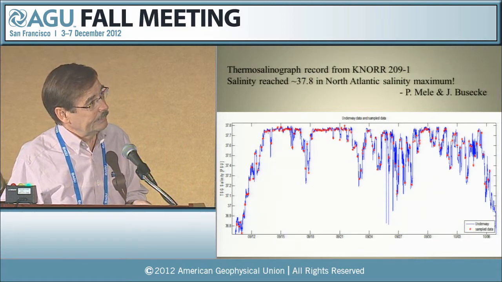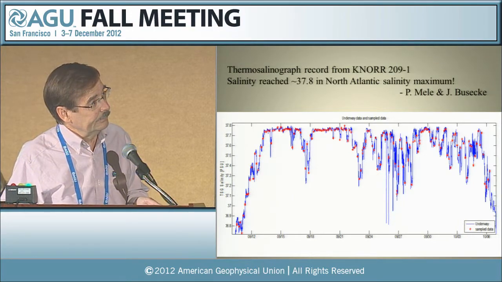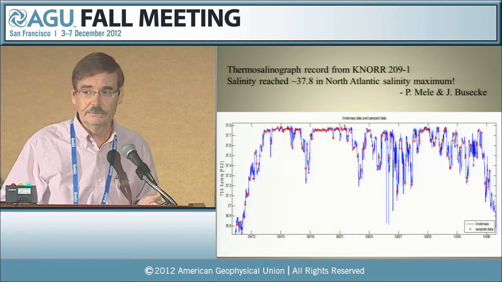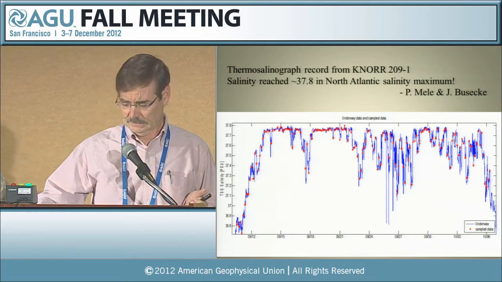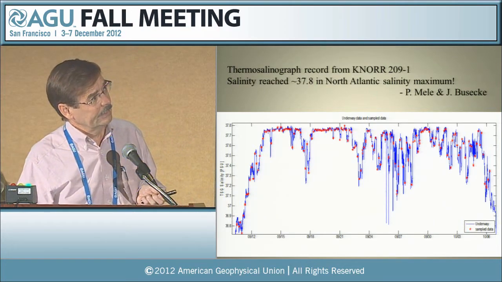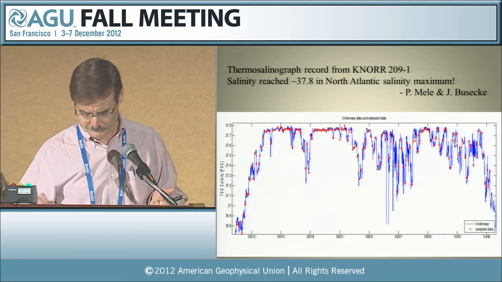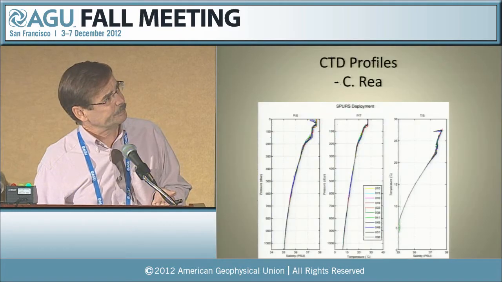And around the salinity maximum, as we surveyed in and out of it, you could see what you might expect to be the signs of random eddy stirring out of this maximum. But within the maximum, it tended to get up to this high salinity and stay there. It was rather surprising to me. And it was also quite surprising that it was as high as we found it to be.